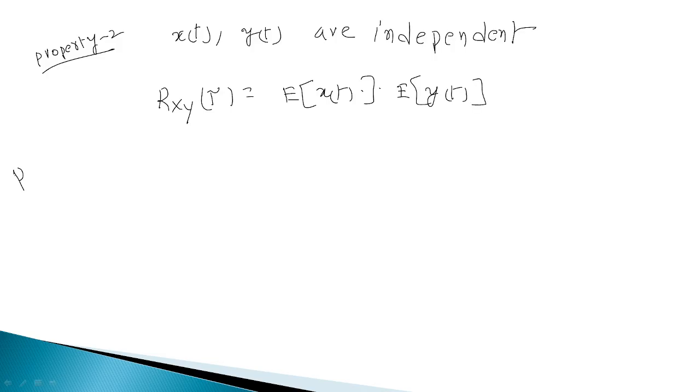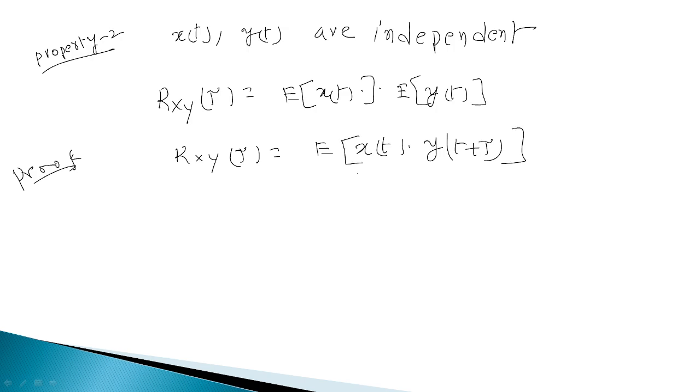Coming to the proof, we already know the cross correlation function R_XY of tau is equal to the average of two signals, E of x of t into y of t plus tau.